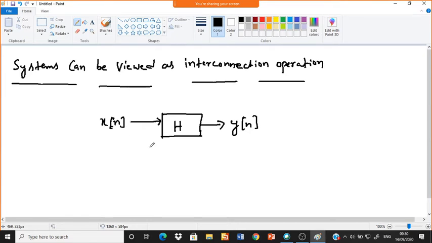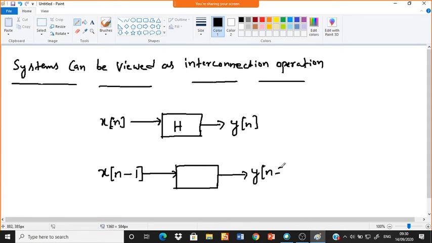Now if I shift the input signal by 1, what will happen to the output? The shifted version of the output will come later.